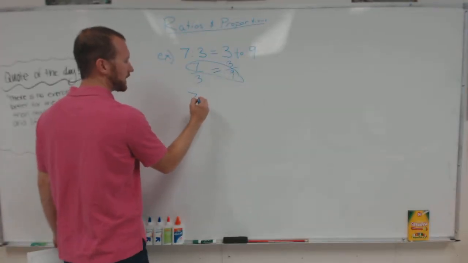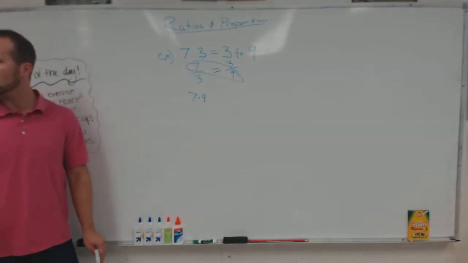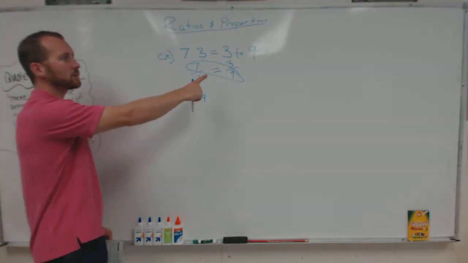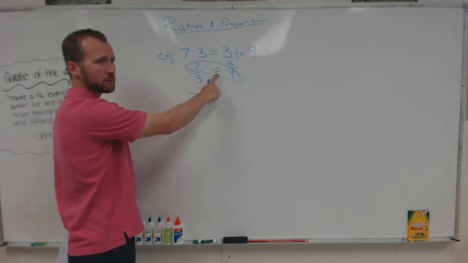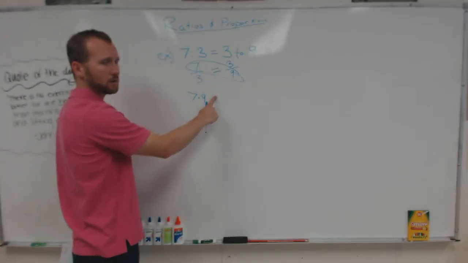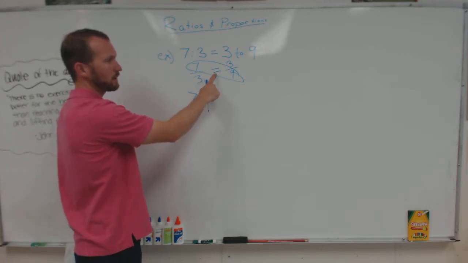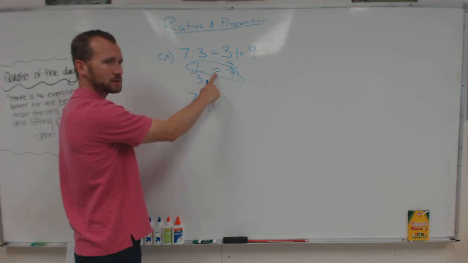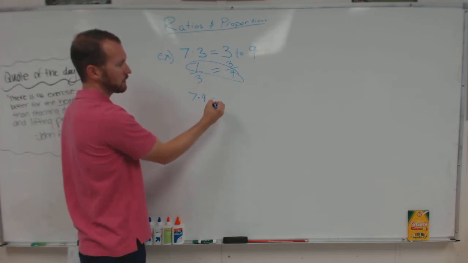So 7 times 9. Good. And then what's our middle thing going to be, Andrea? Just like it was up here. We just did our multiplication. In between, we have an equals. We have to keep this equals, just like we had it up there.